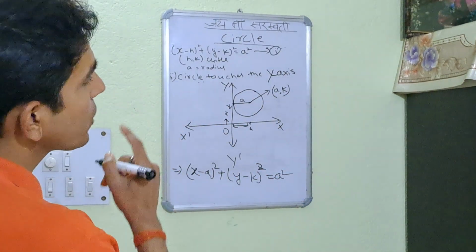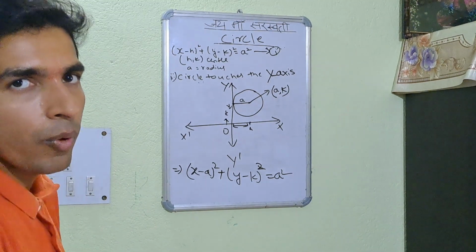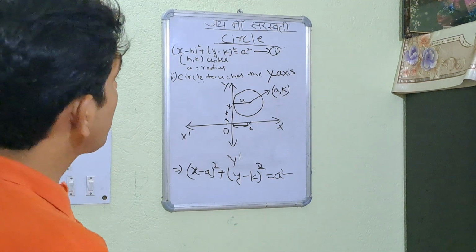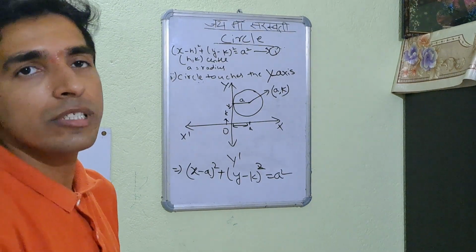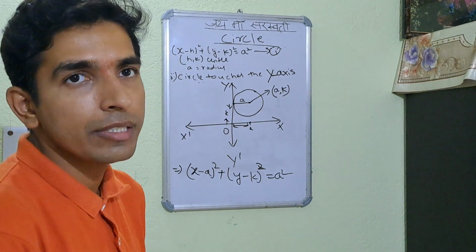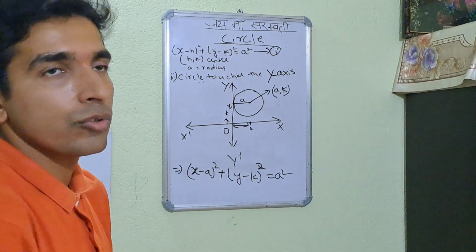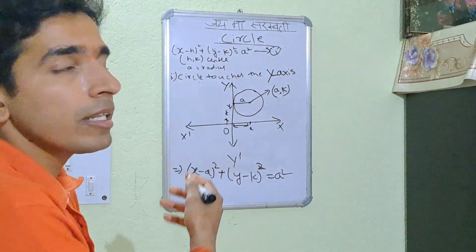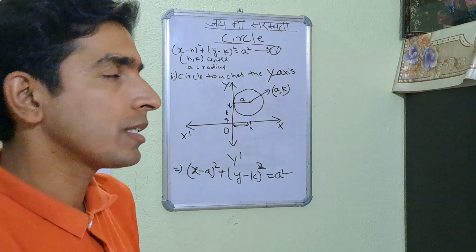So this is the particular equation of the circle whenever the circle touches the y-axis. So we had seen the three conditions. The first and foremost, the circle coincides with the origin. Secondly, when the circle touches the y-axis, and third, when the circle touches the x-axis. Sorry, earlier to that we had already discussed the case when the circle touches the x-axis.